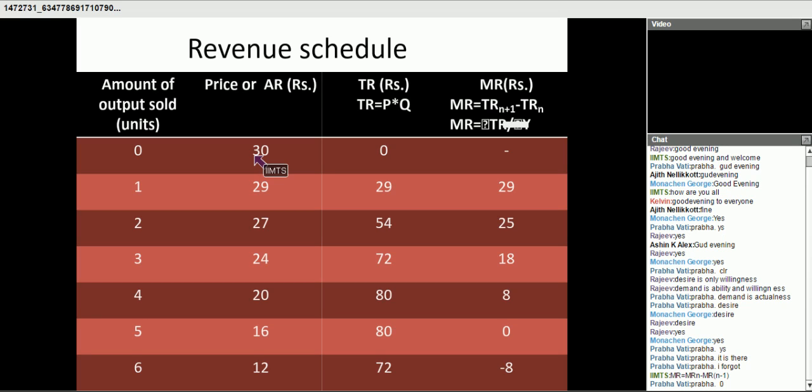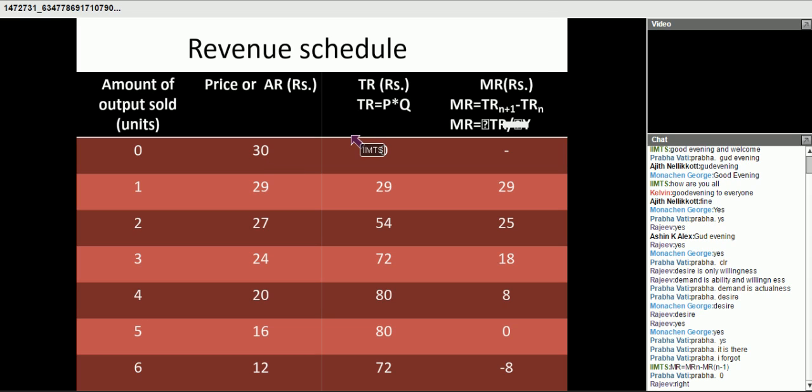Okay, Prabha is saying it will be 0. So that means this 30 is wrong, isn't it? Anyone else? You have something to say about this? This price column, is this 30 by mistake or is it rightly written over here? Rajiv, Kelvin, Muhammad, Ajit, Monachin, Ashin, Shabnam, Rinin.